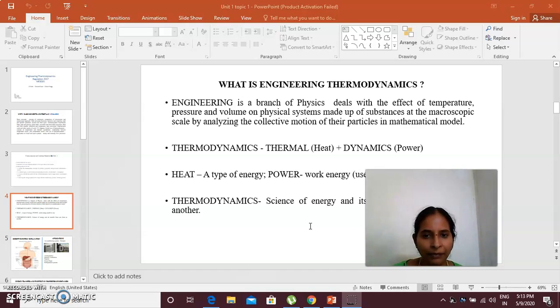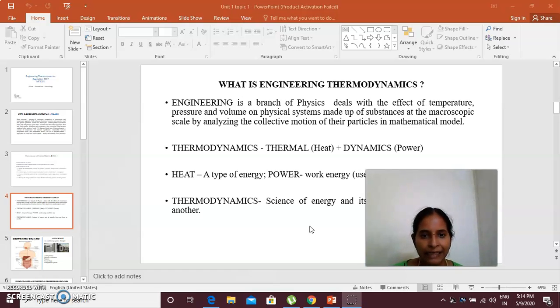Thermodynamics. Thermal means, you are aware, heat, and dynamics means movement, which is nothing but power. Heat is also a type of energy, and power is one more form of energy, which we can directly say is useful to the human community.